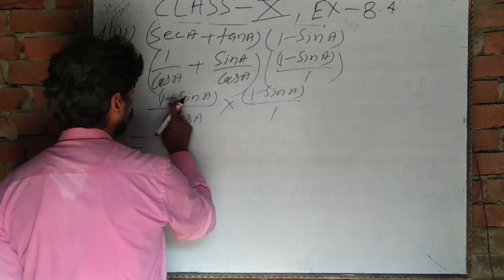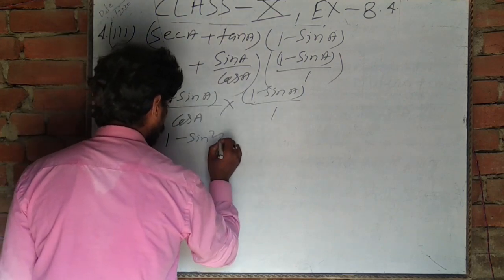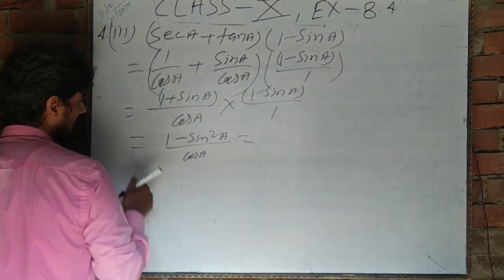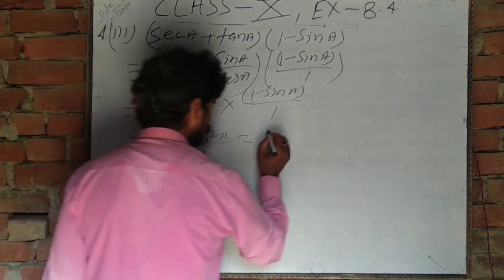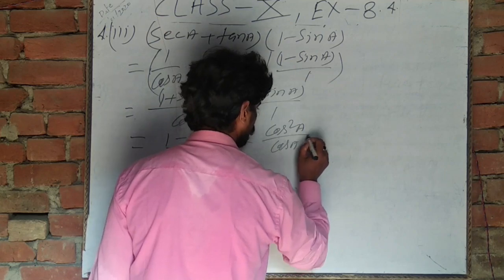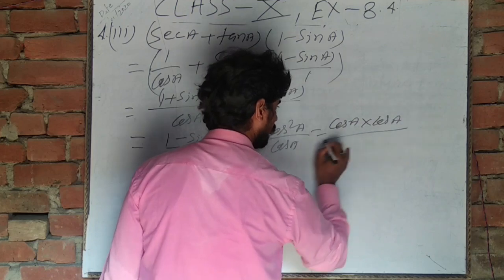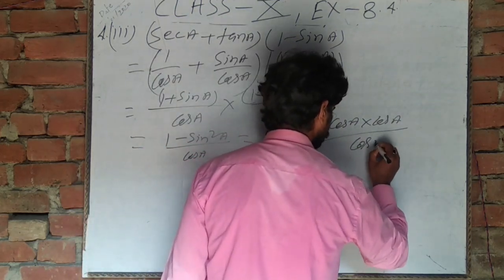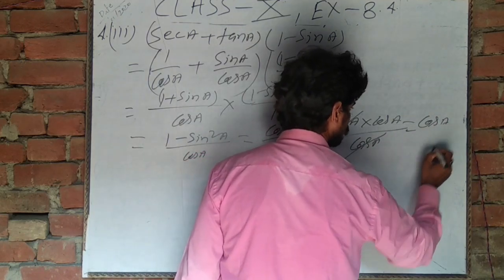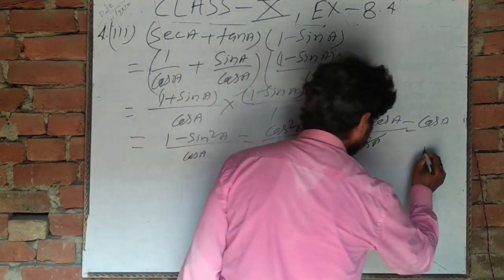We are multiplying 1 plus sin A into 1 minus sin A. Then 1 minus sin square A by cos A. It means, we have an idea, 1 minus sin square A means cos square A. Cos square A by cos A. It means cos A into cos A by cos A. Cos A cancels. Result will be cos A. So our option will be D.